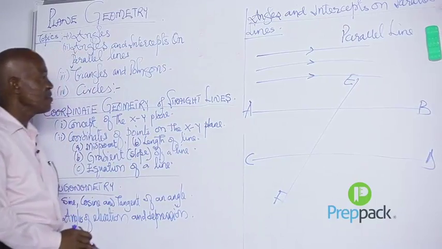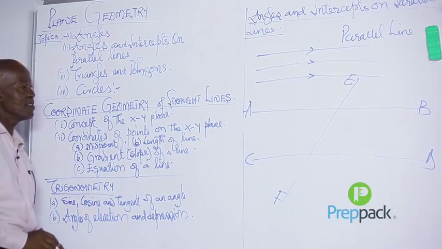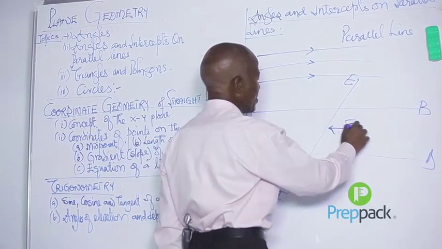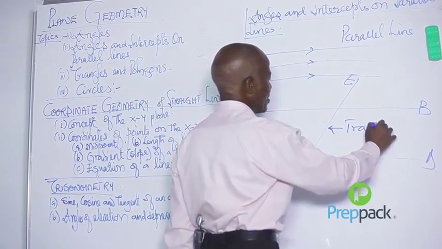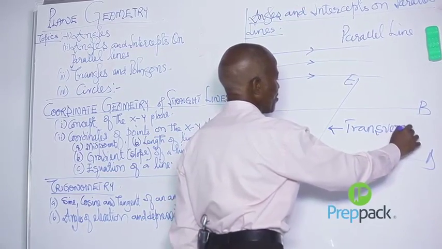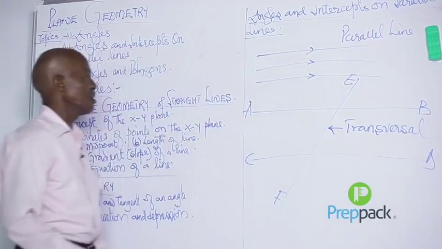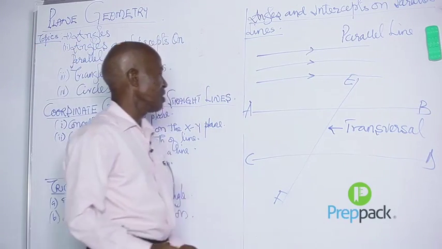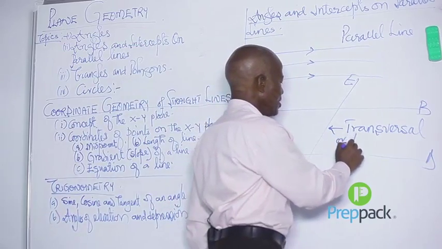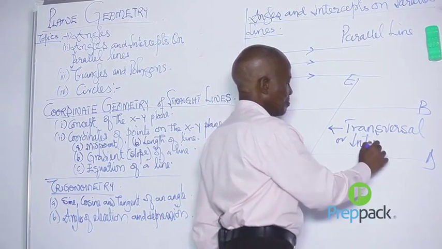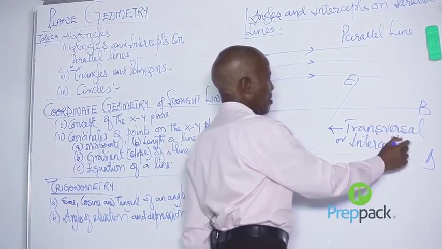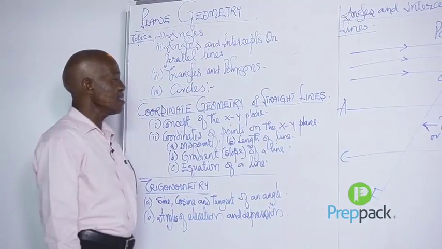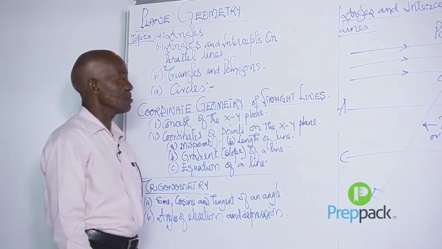You see, the name given to line EF is either transversal or intercept. Okay, this is the intercept line. On this, we have angles.